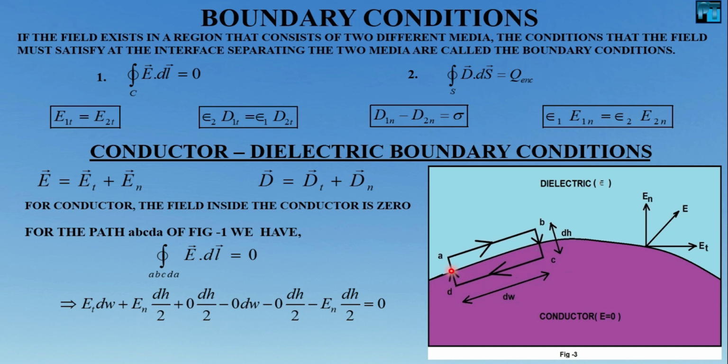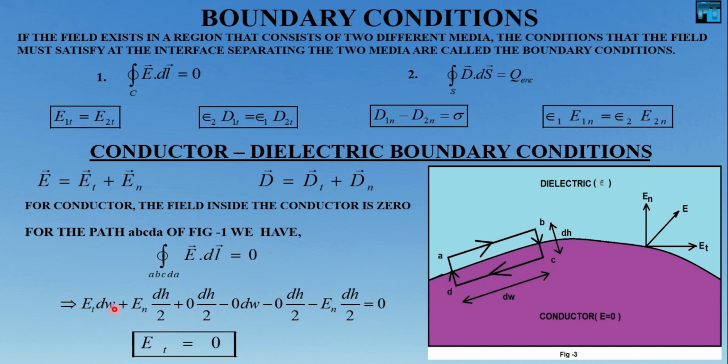Now for the upper half of DA, it is not 0 but the negative sign remains because it is the exact opposite direction of the upper half of BC. So for the upper half of DA, minus En into dH by 2, and thus our path is closed from A to A. See, it is a very easy calculation, as you know that En and En cancel out and these are all 0.